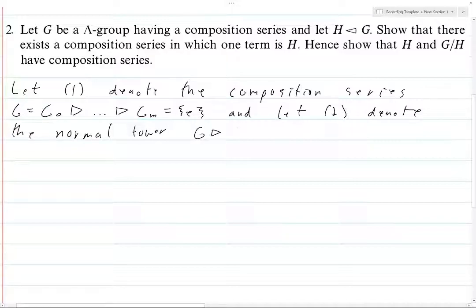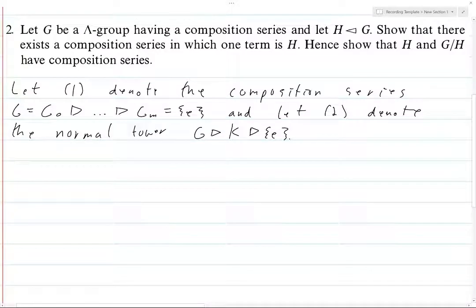I'm pretty sure it's called normal towers in Jacobson, and it's the most intuitive in my opinion because it has the word normal in it, and that's one of the main ingredients of a normal tower, that all things are normal. The other thing being that it's a tower of them. So anyways, we have these two normal towers.